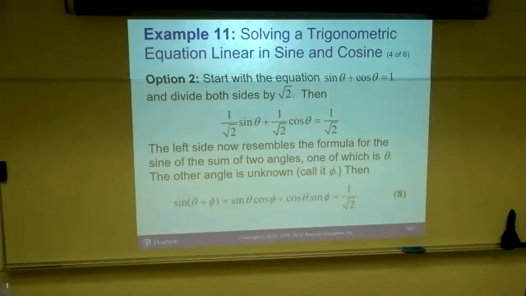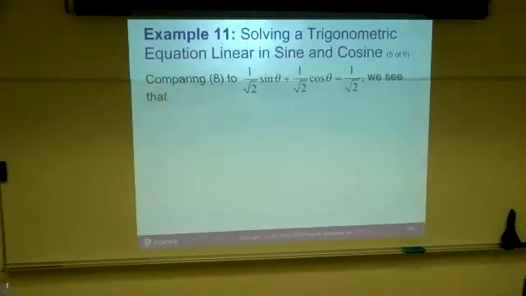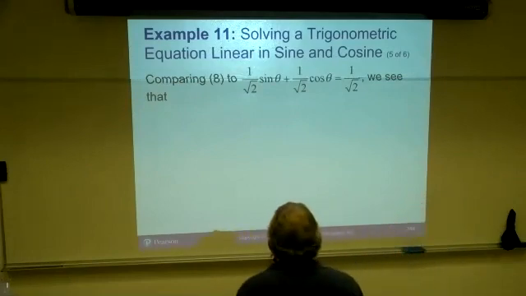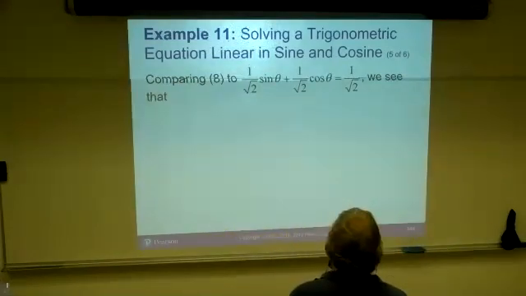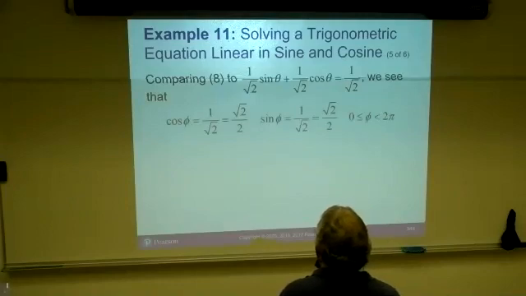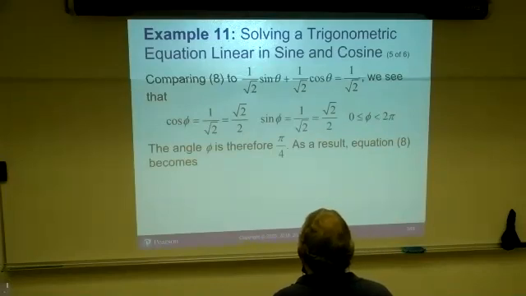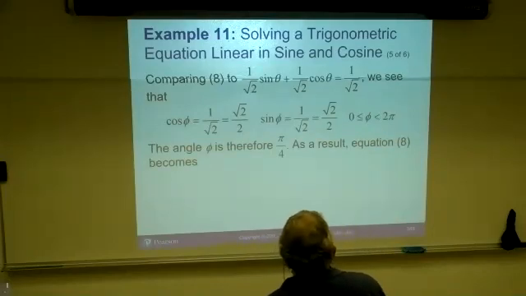Okay. Which is the square root of 2 over 2. Okay. This seems like a little bit more work than it's worth. And so we see that the cosine of phi equals the square root of 2 over 2, the sine of phi equals the square root of 2 over 2. Therefore, phi is pi over 4.